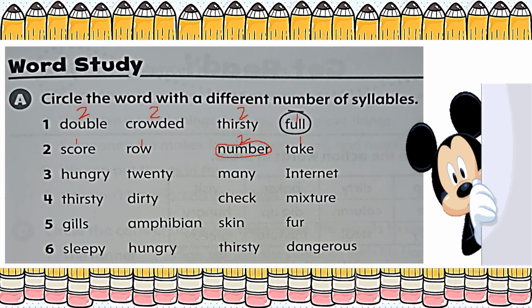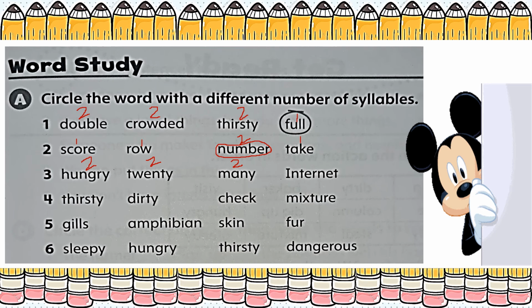Now, number 3. Hungry. How many syllables? 2. Twenty. How many syllables? Another 2. Many. How many syllables? Another 2. Now, how about for the word internet?